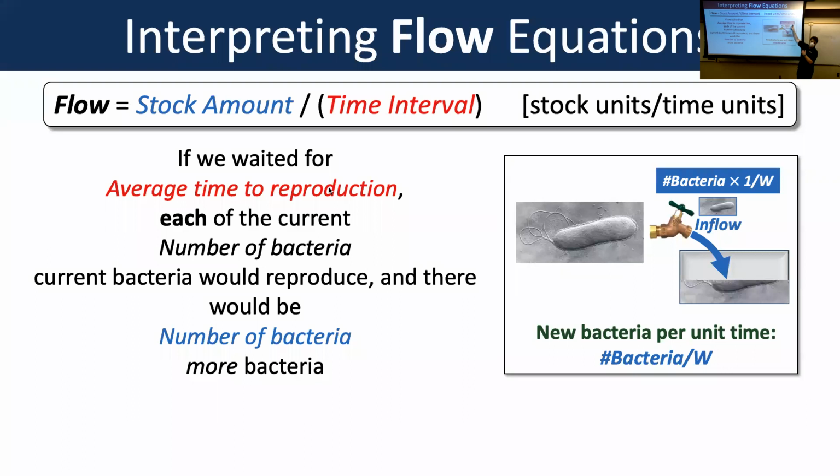If I waited the whole W time units and they kept oozing out at the same rate, then if I multiply this thing by W, what I get is this many bacteria out. So they would double in that amount of time. Now, in reality, as they are pushing out new bacteria, those new bacteria are going to start pushing out their own new bacteria. So the instantaneous rate of change is going to change. That's why we have to simulate it at every small time step to really capture not only the effect of the current bacteria, but the new bacteria being produced.